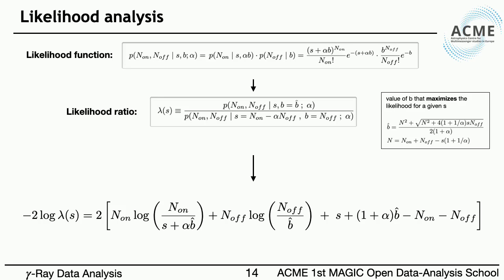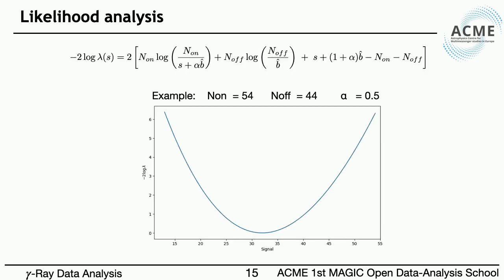So let's see how this can be done with an example. In this example, I'm assuming this value for the counts in the on and off region, and I'm assuming that the off region is 2 times bigger than the on region, so alpha is 0.5. By plugging these values into the likelihood function and profiling over the parameter B, the nuisance parameter, as I showed you before, we can get the following evolution of our log-likelihood ratio, -2 log lambda.